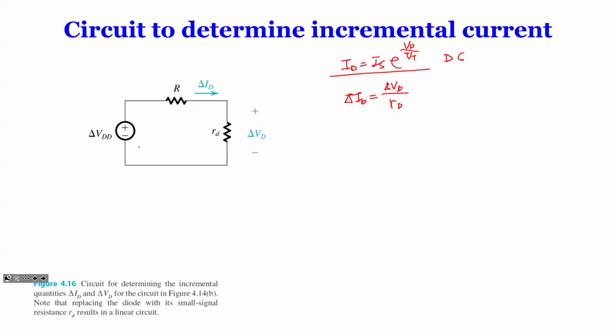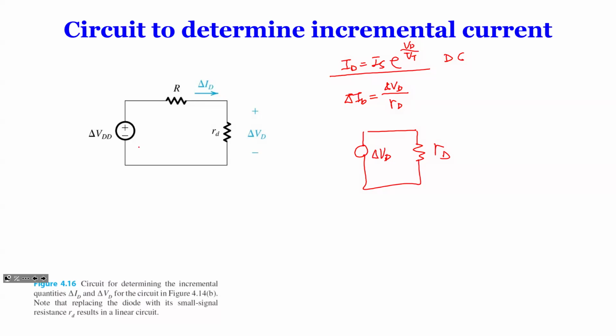This equation gives you the actual current of the diode circuit in small signal. So from here you can see this is delta VD over RD, right? So the question is, how would you draw the circuit? Well, if we draw the circuit, this will be delta VD.